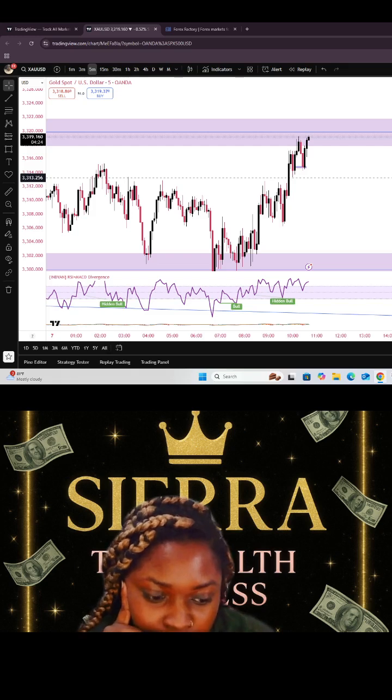This is all it is with trading. Just waiting for price to get to your zones. You'll hear people say point of interest.